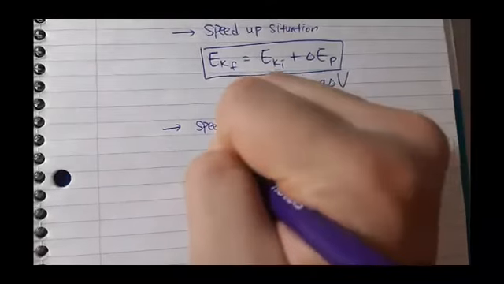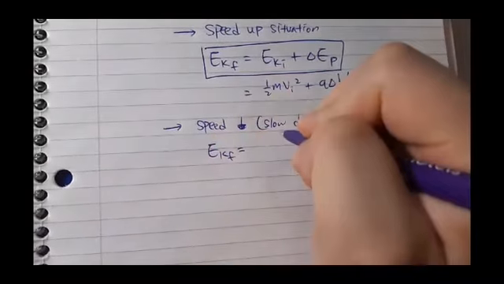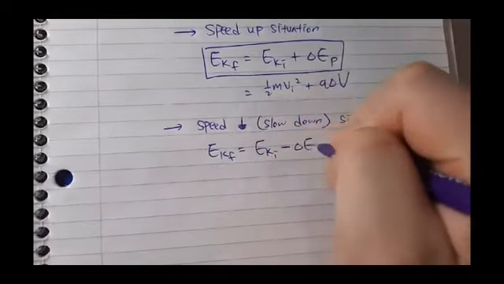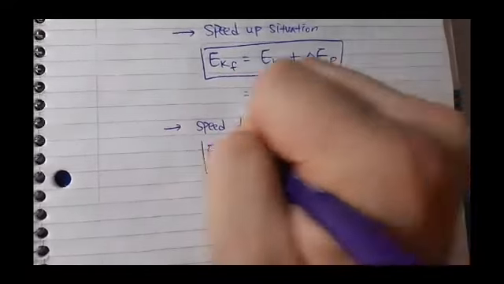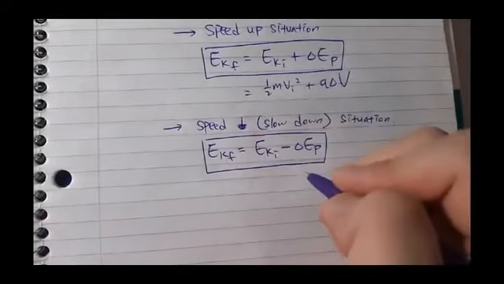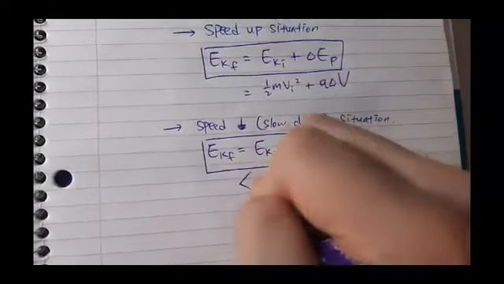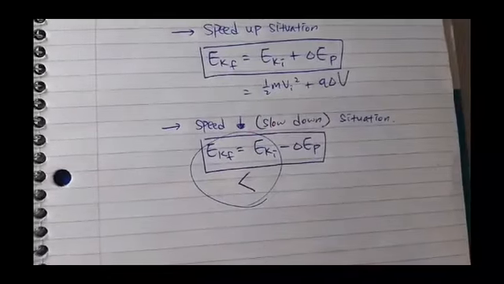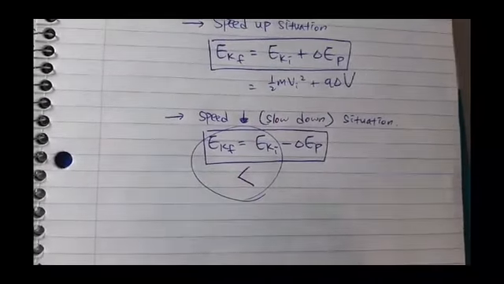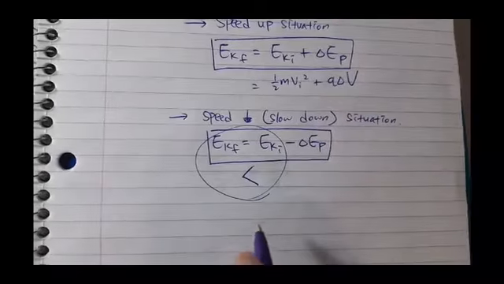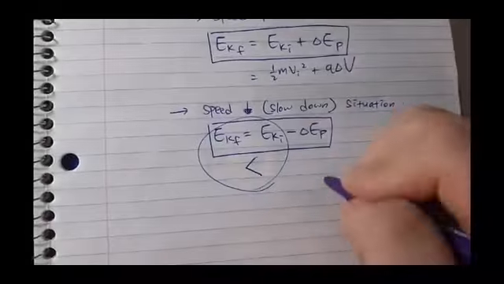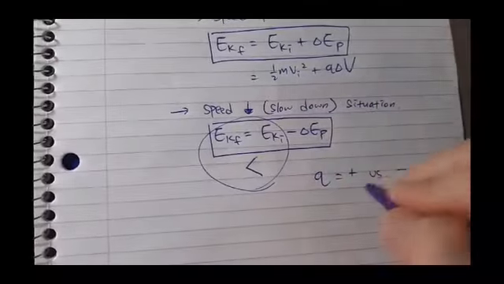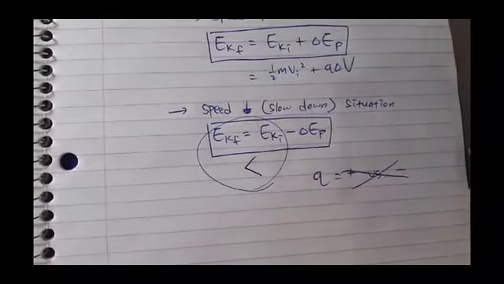In that situation, what you need to do is my final kinetic energy equals my initial kinetic energy minus potential energy, something like that. In that way, you know that the final kinetic energy is smaller than the initial kinetic energy. Sometimes people have a tough time dealing with it because they put Q as positive versus negative, but I do not want you to think of it that way.